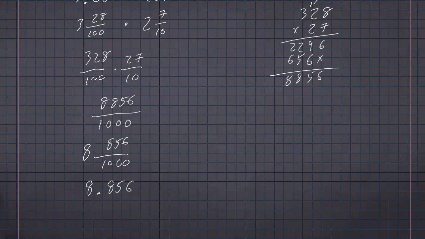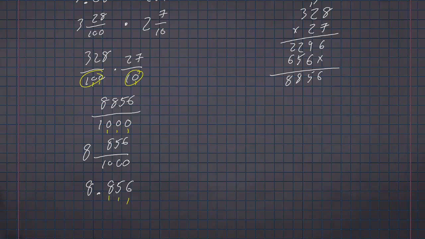And since we're multiplying powers of 10, we can predict. When you multiply 2 powers of 10, the number of zeros in the result is the total number of zeros in each of the things you started with. Right? 2 zeros here, 1 more there, 3 zeros at the end, 3 digits after the decimal point.